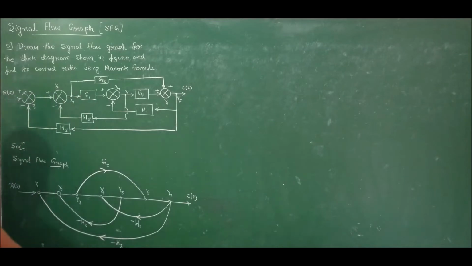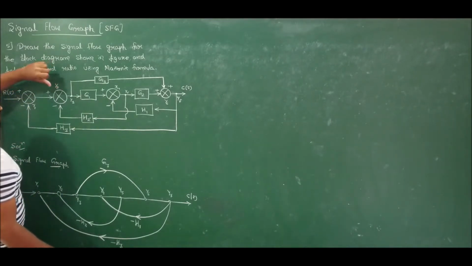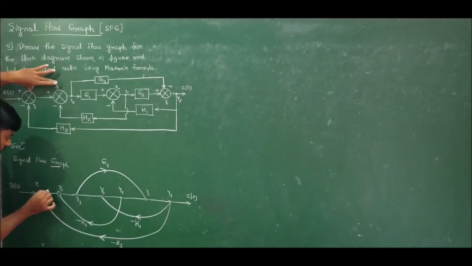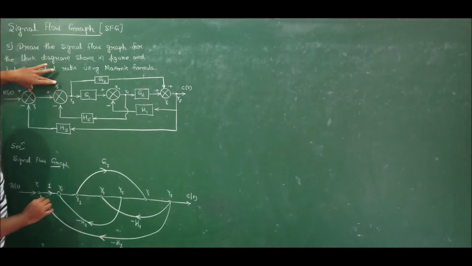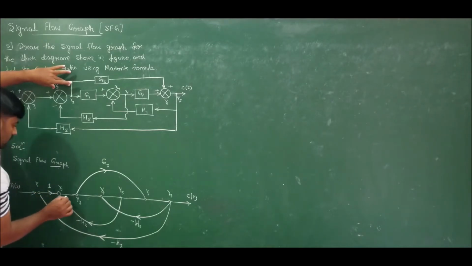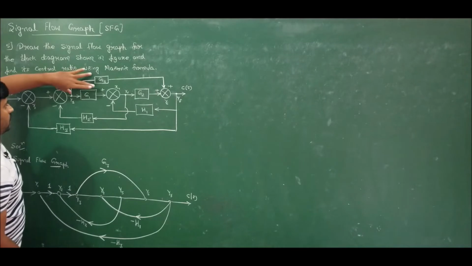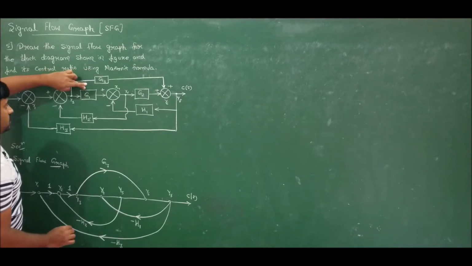Now we have the branch gains. Between node y1 and y2 we don't have anything, so we can give the branch gain as unity. If you don't have anything, you can give the branch gain as unity. Between y2 and y3 also we don't have anything, so unity.